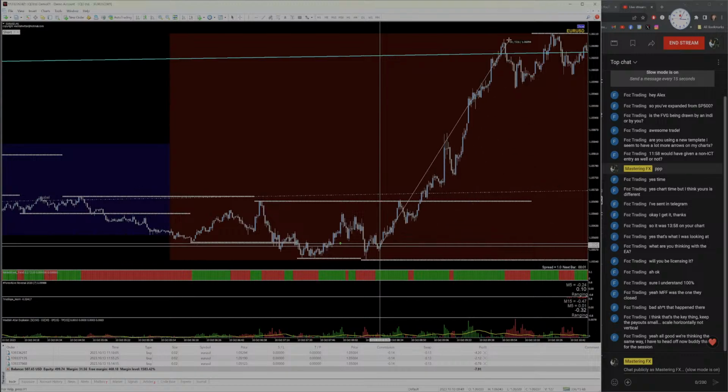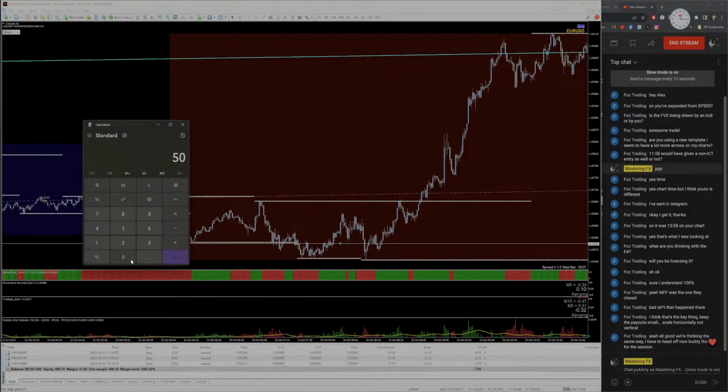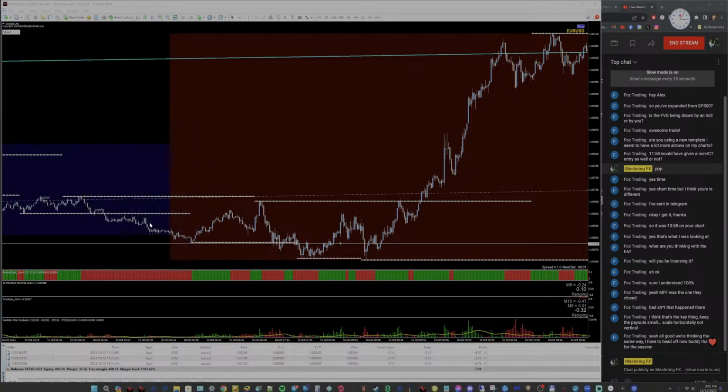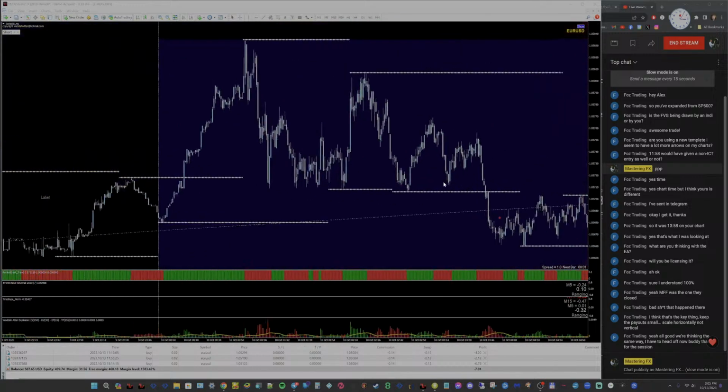Can't really tell, but it would have been probably around here somewhere. So let's say here, let's say 50 pips. So 50 divided by 3.5, you would have had 1 to 14 on the second half, divided by 2, that's 7%, plus the 2%, that would have been a 9% day, and we even had a loss in there. Still made 9% at the end of the day.